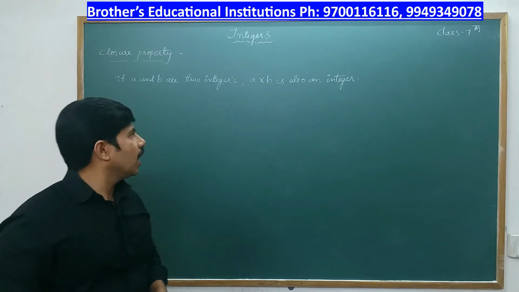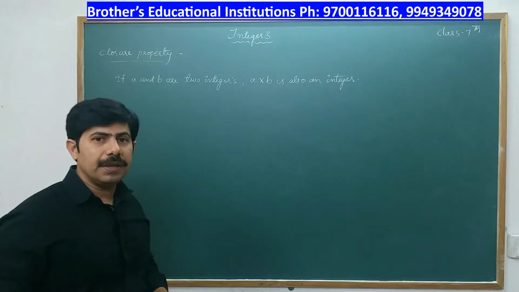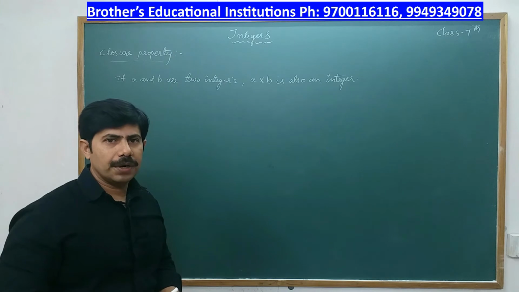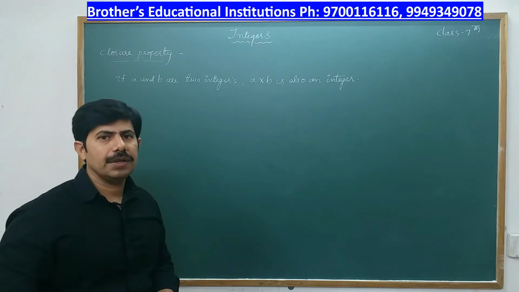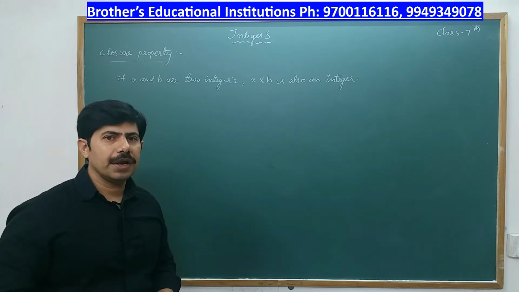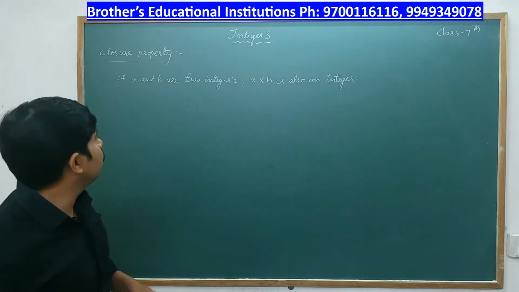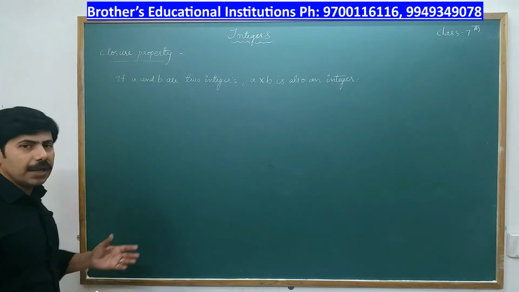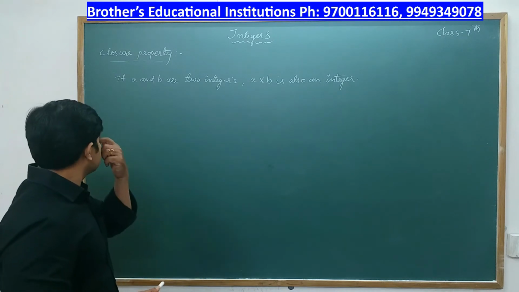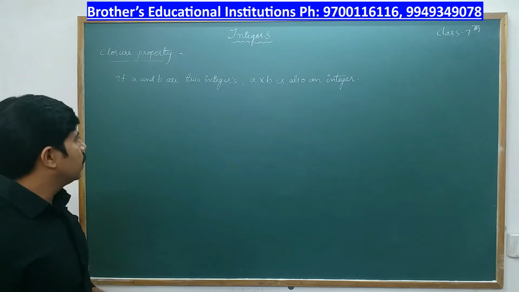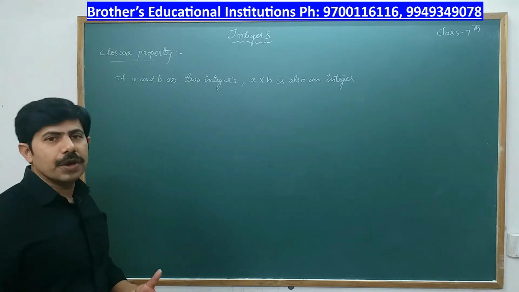So now we have some properties in multiplication. We have seen closure property, commutative property, associative property and additive identity. These all come under addition. Now we have a closure property in multiplication. If a and b are two integers, then a into b is also an integer.